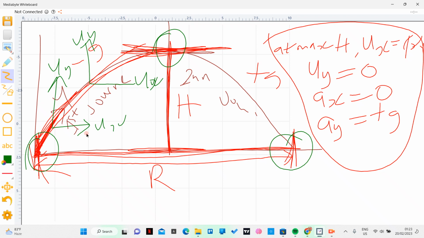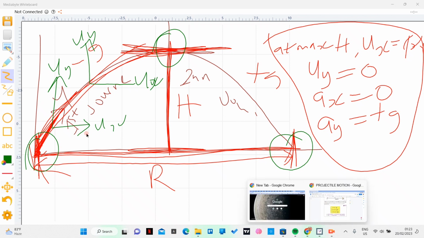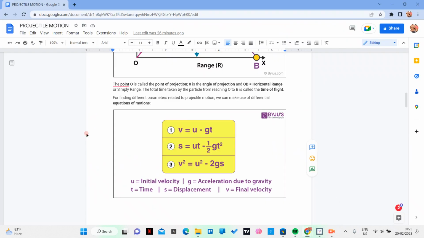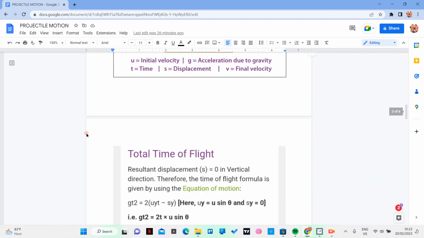Just take note of that. So since the body is under gravity, which is constant acceleration, we can use the equations of uniform motion to derive some of the formulas that we need. These are some of the formulas we will most likely be using to derive the other formulas.